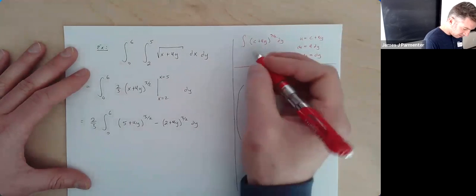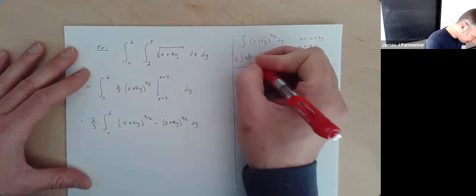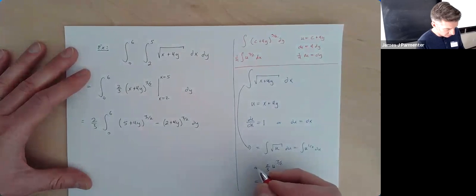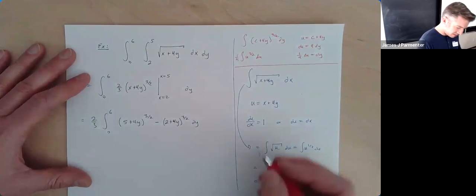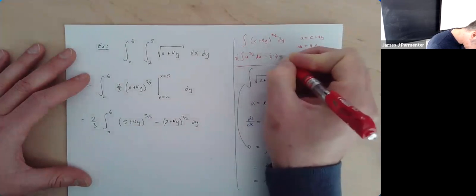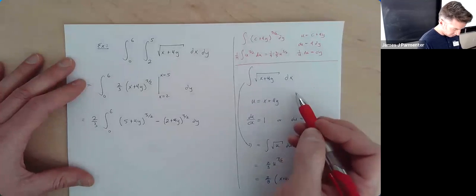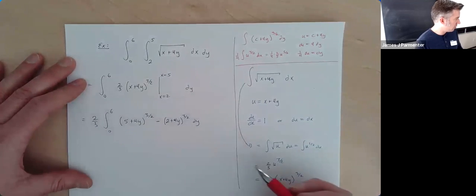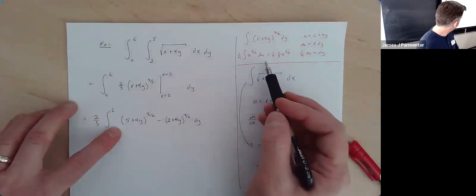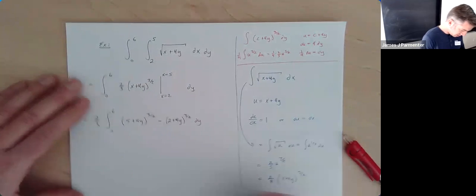So this is going to become the integral of 1/4 u to the 3/2 du. And then that'll be 1/4 times 2/5 u to the 5/2. And then you can plug back in your u, whether it's c plus 4y or 5 plus 4y or 2 plus 4y. So each of these integrals is going to be 1/4 times 2/5 times your stuff to the 5/2 power.